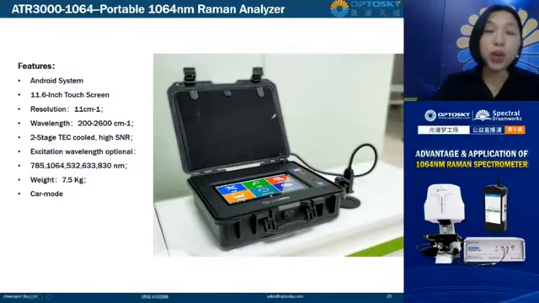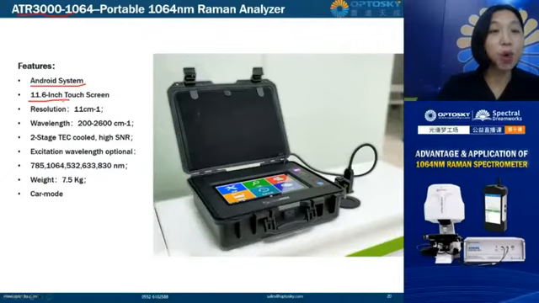And also, after introducing the 1064 nanometers Raman spectrometer, we also need to introduce ATR 3000 1064, because it's very convenient. It has the Android system. It has an 11.6-inch touch screen, so you don't need to connect to a computer at all. And also it has a two-stage TEC cooled CCD with high signal-to-noise ratio.